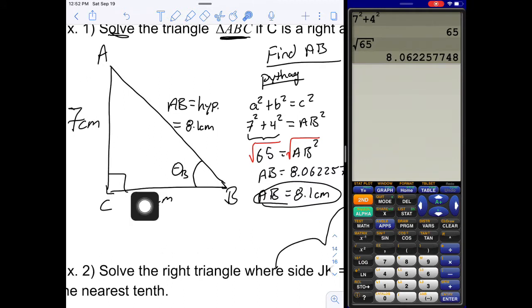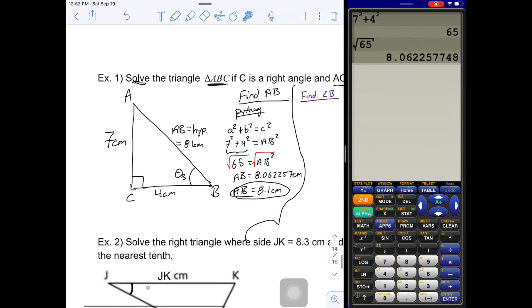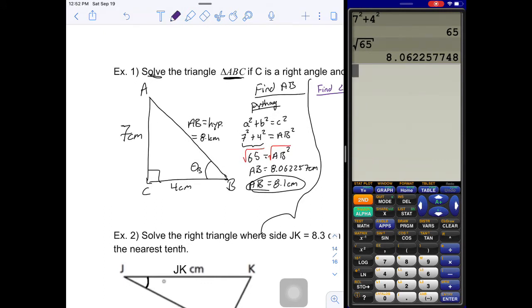How does the side length 7 and 4 relate to this angle? Well, in terms of angle B, 7 is the opposite side length, and 4 would be the adjacent, because the hypotenuse can never be adjacent. So thinking about SOHCAHTOA here, for angle B, this is opposite, this is adjacent.